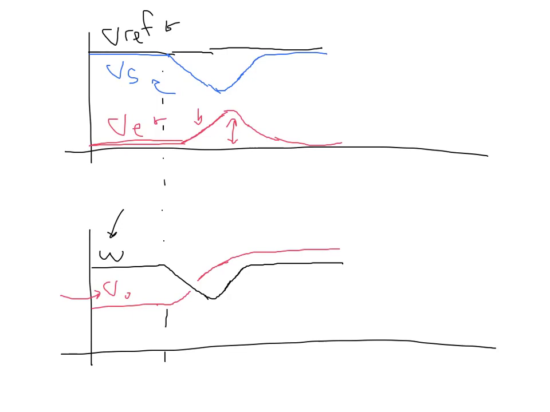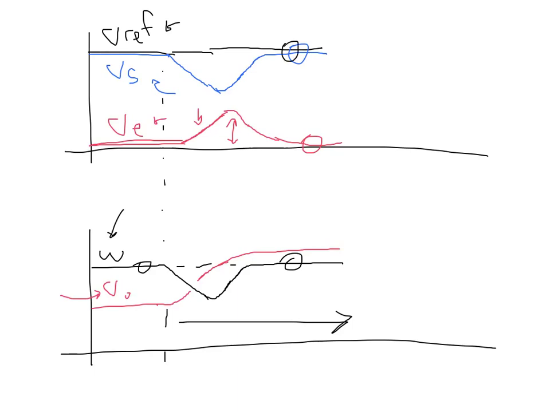And so now, in this whole region, we're traveling up a ramp, but we're going the exact same speed as we were before. We've reached our steady state speed again. And you can see we now have 0 error, which is what we wanted. Vs is equal to Vref, which is what we wanted.